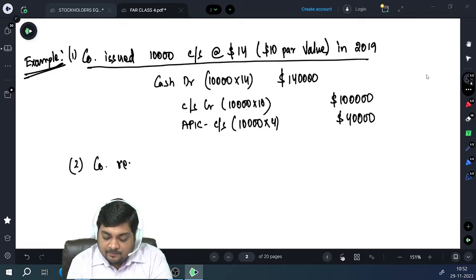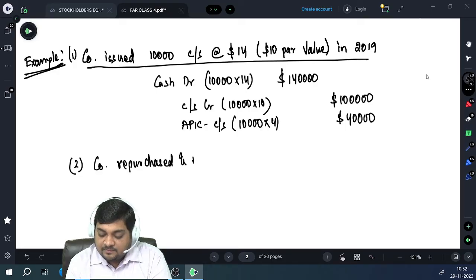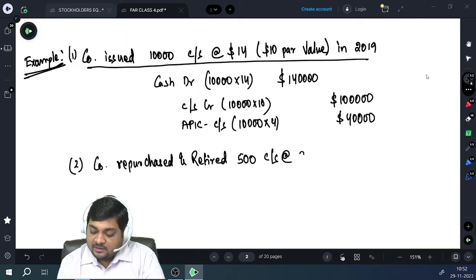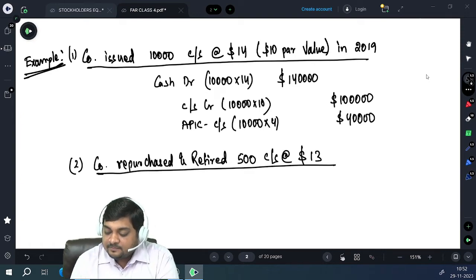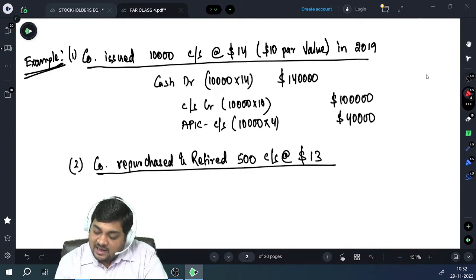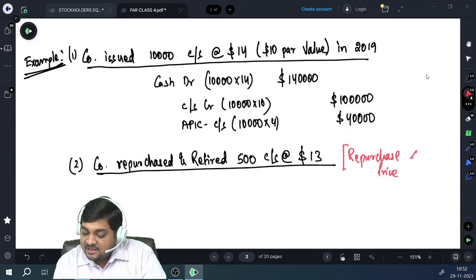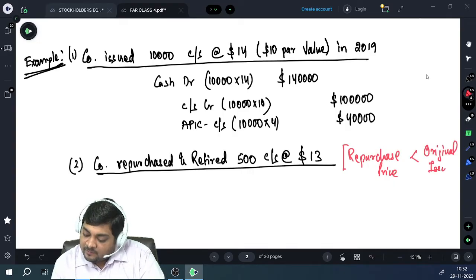Company repurchased and retired 500 common stock at the rate of $13. Now out here you can easily see that the repurchase price is less than the original issue price.